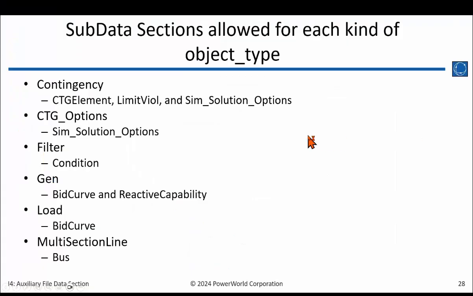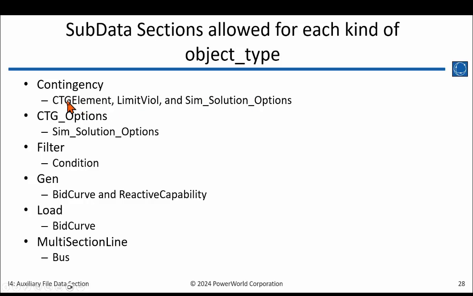Okay, and then going back to the slides, the next few slides show this is not a comprehensive list. I would say use that PDF file that I just mentioned to look at a full list, but contingencies is one object that has some types of subdata, and these are the different types of subdata.